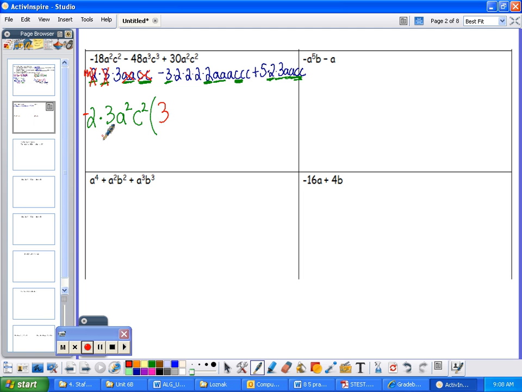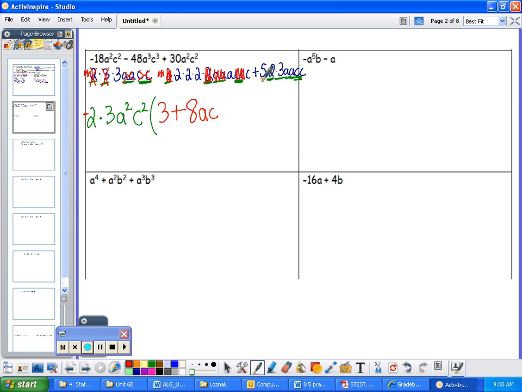Now remember I took out a negative here, so I've already used this negative. So it's going to leave me a positive. I used a 3, I used the 2, 2 A's, and 2 C's. So what do I have left over? 2 times 2 times 2 is 8. 1 A and 1 C.